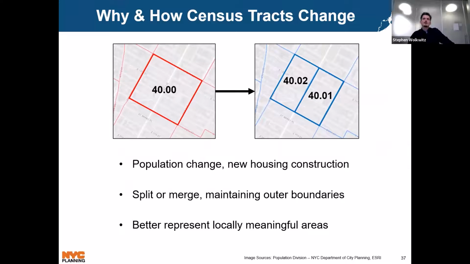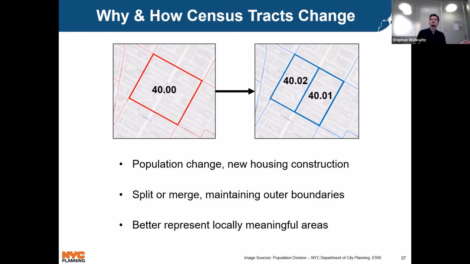Now, why and how do census tracts change? Typically it has to do with population change or with new housing construction, which usually precedes population change. So when population has increased substantially or new housing construction is increasing substantially, typically that's when you would split or subdivide a census tract so as to maintain close to that 4,000 average population size.